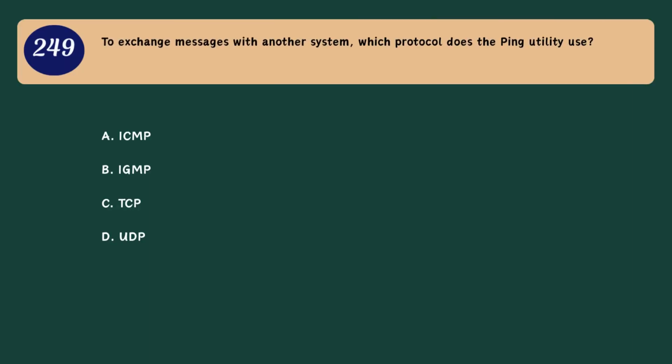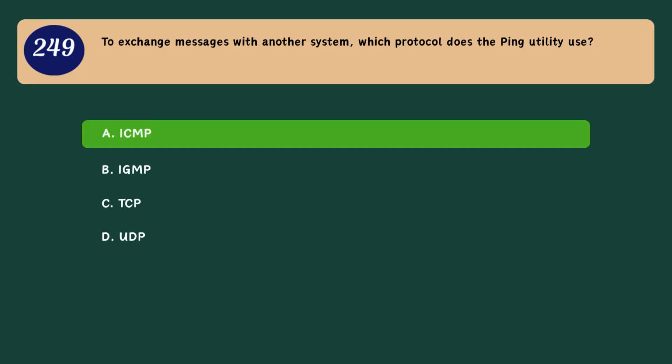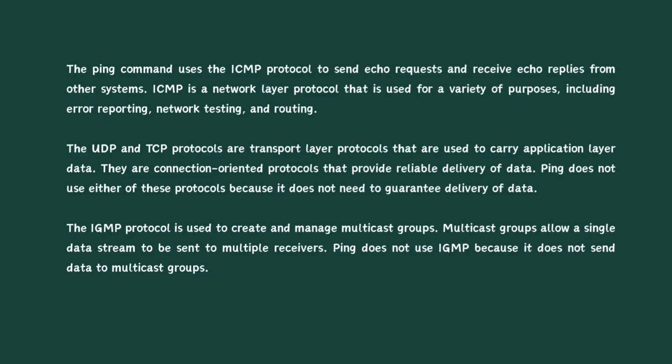Question 249. To exchange messages with another system, which protocol does the ping utility use? A. ICMP. B. IGMP. C. TCP. D. UDP. Correct answer. A. ICMP. The ping command uses the ICMP protocol to send echo requests and receive echo replies from other systems.